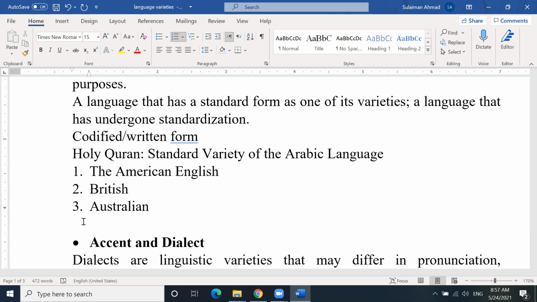Like if you look at Pakistani English, it's not the standard variety, rather that is a regional variety. We are going to talk about regional dialects, right?